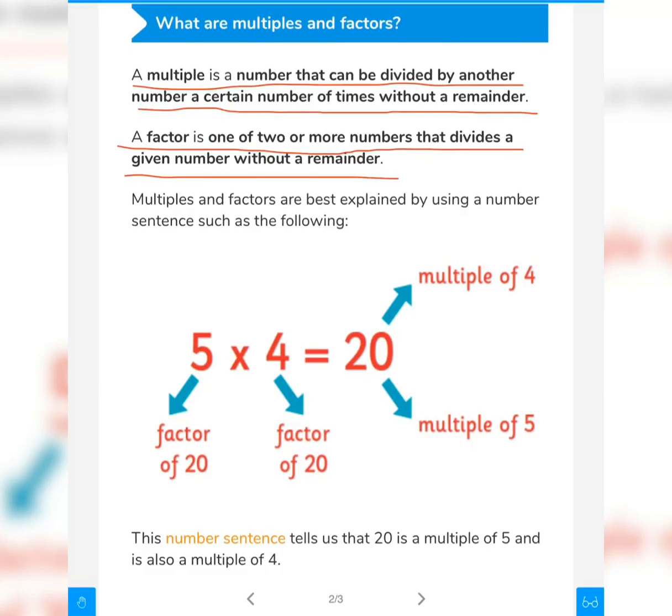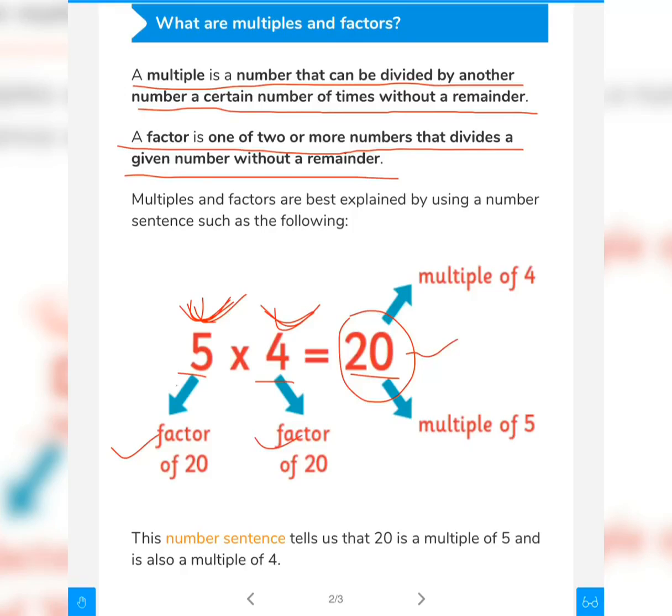For example, you can see over here, if I say that 5 into 4 equals 20, it means that 20 can be divided by 4 and by 5 both. So this means that 5 and 4, which are dividing 20, are the factors. So you will see here, factors of 20, while 20 is divided by both the numbers, so 20 is a multiple.